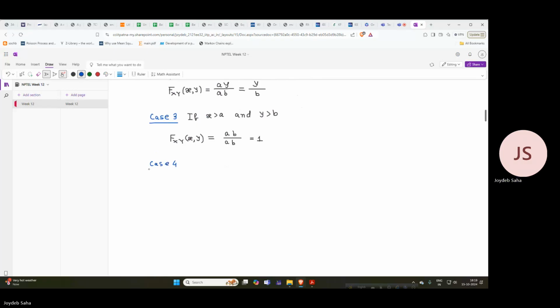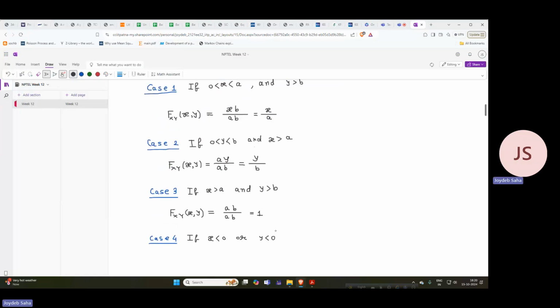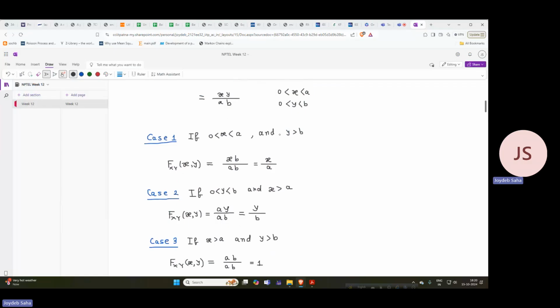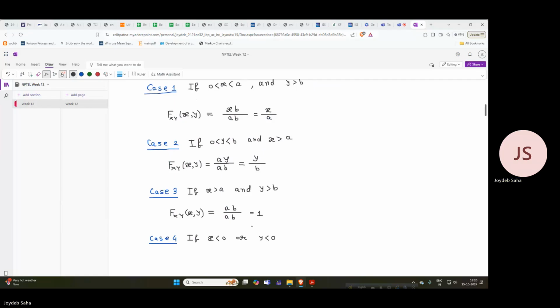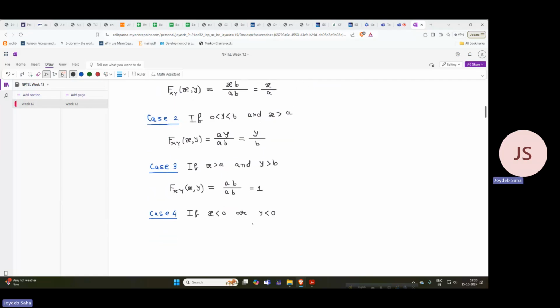And another interesting case is case 4: if x less than 0 or y less than 0, then what will happen? Look at the difference between this case 4 and the other cases. Here these are conditions on the limit of x, and here also the same. But here, it is either x less than 0 or y less than 0.